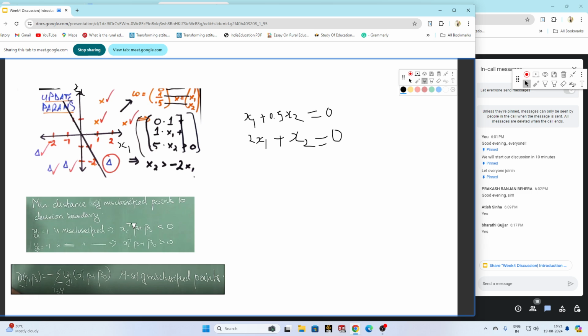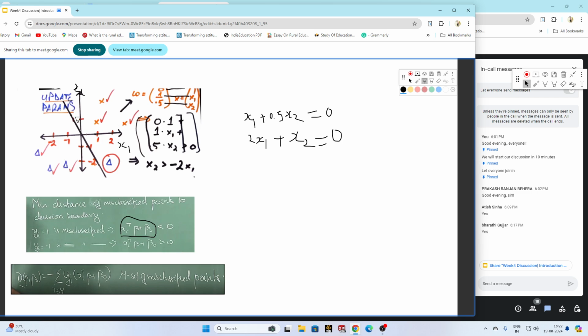Now, if this is the equation that I have already told you, w0 plus wT x, and a point with yi equals 1 is misclassified, then this is less than 0.